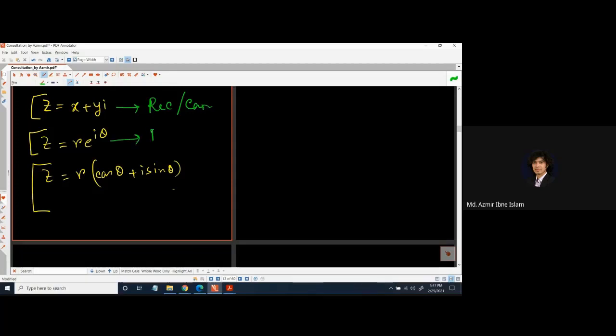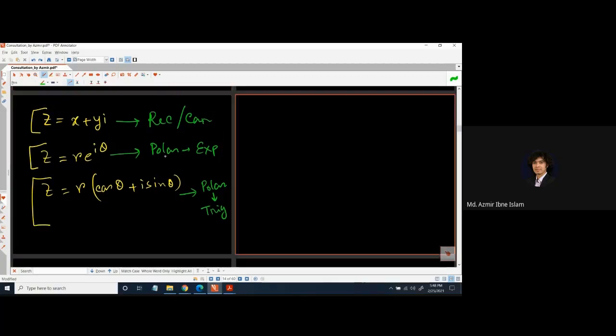This one is the polar form, but specifically it is called the exponential form. And this one is also polar, but it is known as complex number in trigonometric form, having cosine theta and sine theta.